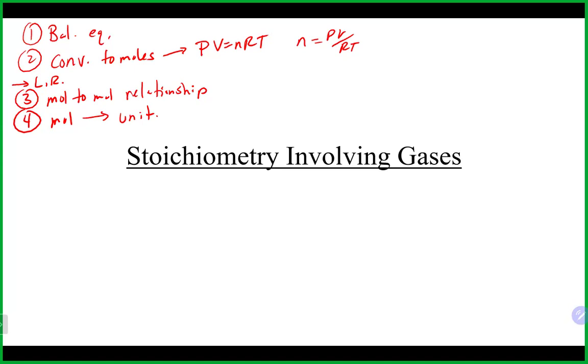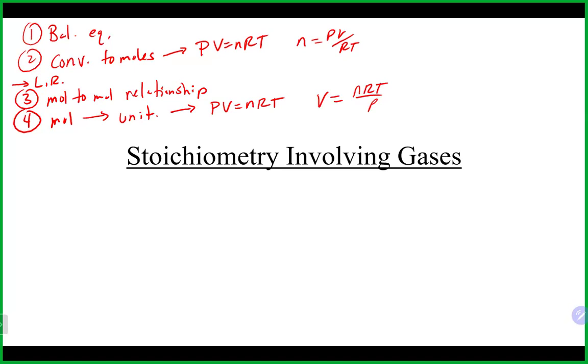But very commonly you'll use the ideal gas law at the end of the calculation, and maybe you're looking for a volume, which is a very common outcome. So that's really the main difference.